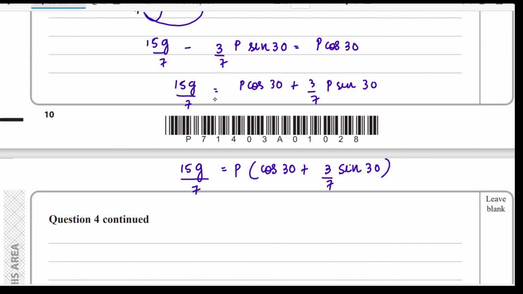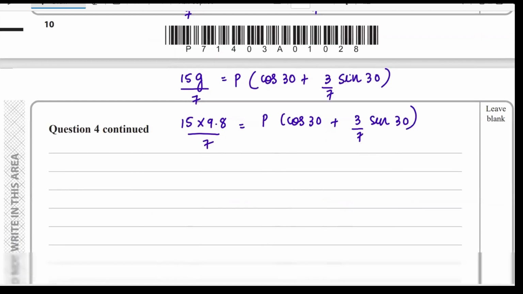G value, we can take it as 9.8. So 15 into 9.8 divided by 7 is equal to P into cos 30 plus 3 by 7 sine 30. Now, here what we have to do is multiply 15 into 9.8 divided by 7, you will get the answer as 21.